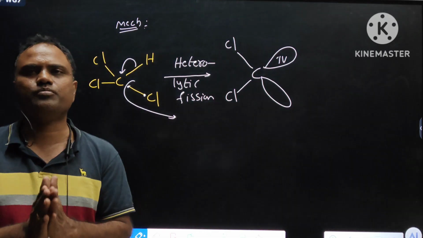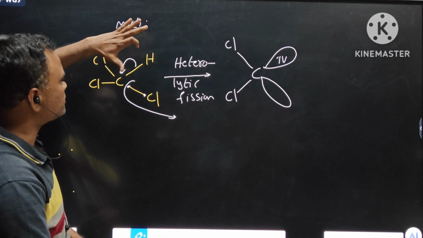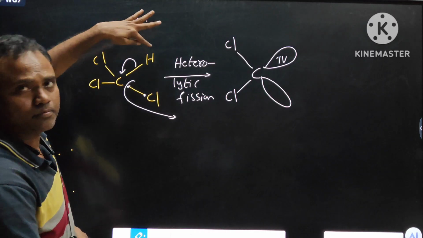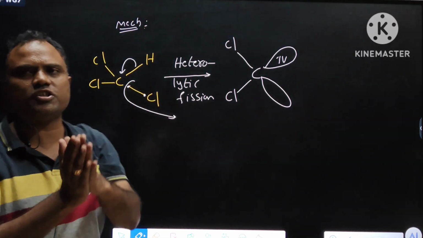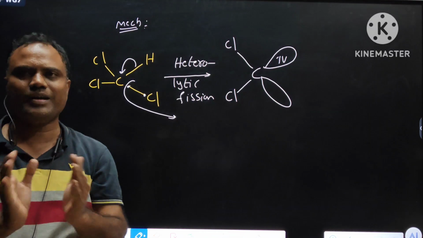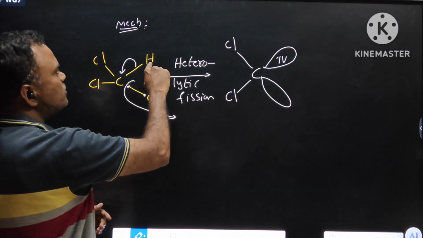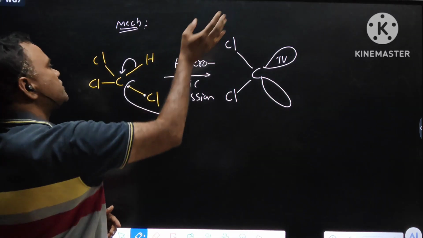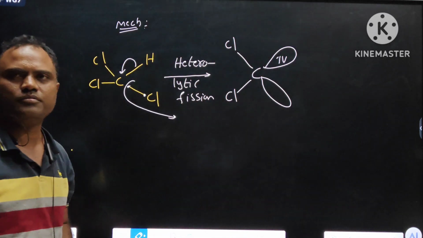See, very simple thing. Once again, listen all of you. This carbon and hydrogen are in the bond. Imagine between these two, one orbital is present, a hybridized orbital. Hydrogen is losing its electron and it is leaving. That extra electron is entering into the same orbital only.